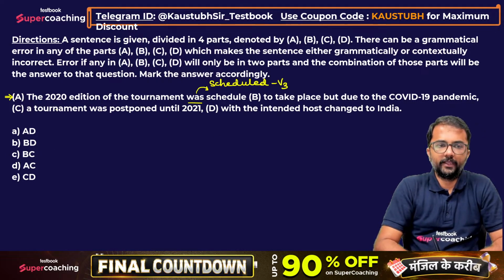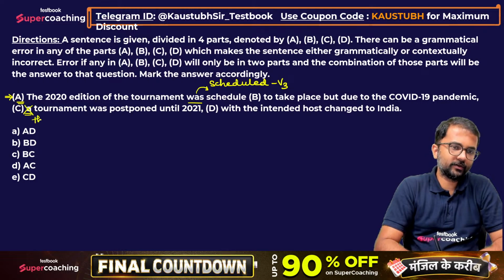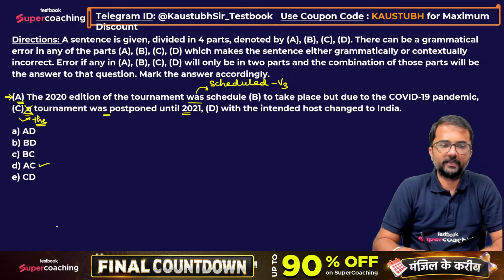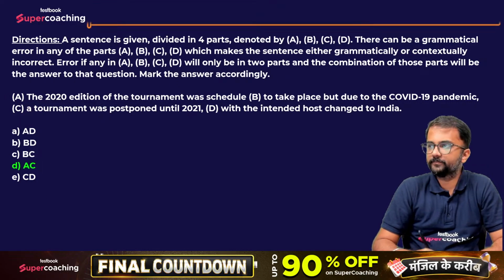Okay, so A part of the sentence has the error. And COVID-19 pandemic, a tournament, no, the tournament, because we are talking about one particular tournament, and that tournament was postponed until 2021. So article the should be written here in C part of the sentence. So A and C will be your correct answer, option number 4.